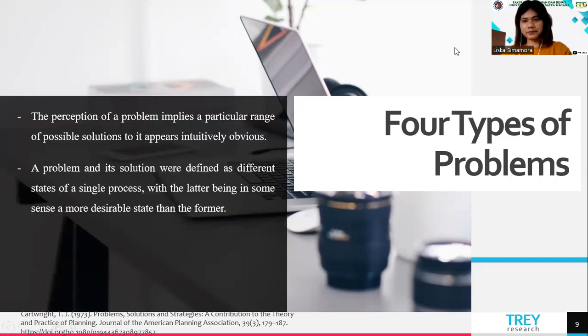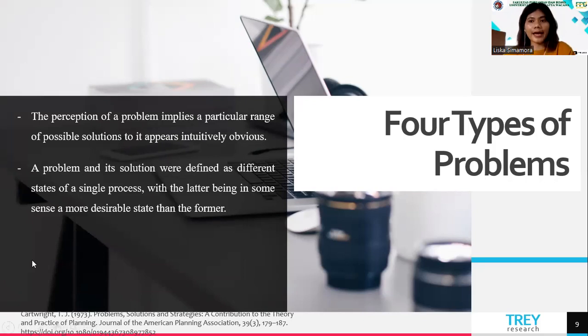And then, the perception of a problem implies a particular range of possible solutions to it, which appears intuitively obvious. Okay, a particular range of possible solutions. So there is a range of possible solutions for each kind of problem that we face.